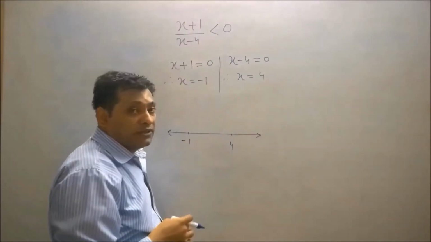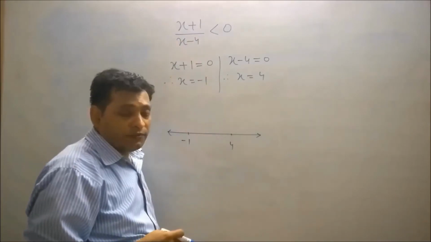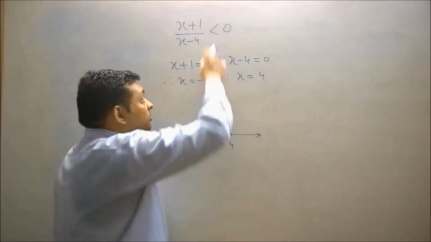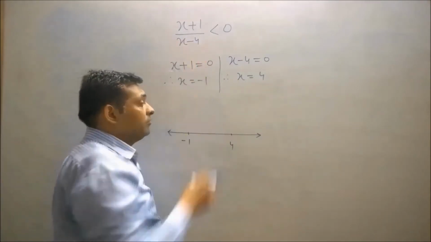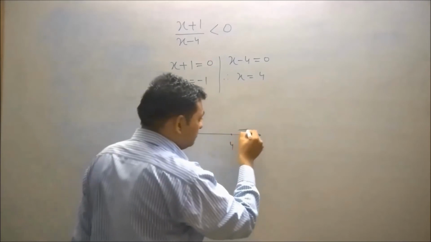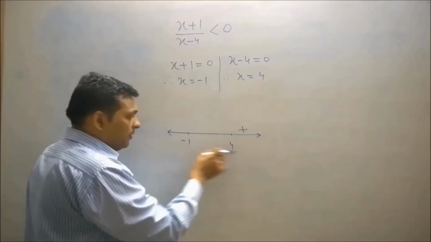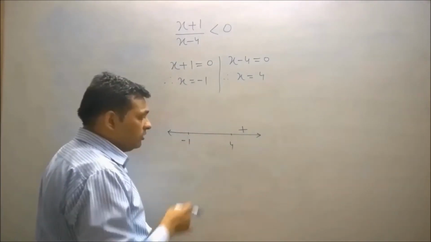5 + 1 is 6. The numerator is positive. 5 - 4 is 1. The denominator is positive. Numerator and denominator are positive, so the left hand side of this inequality is positive. Now pick any one point which is lying between -1 and 4.